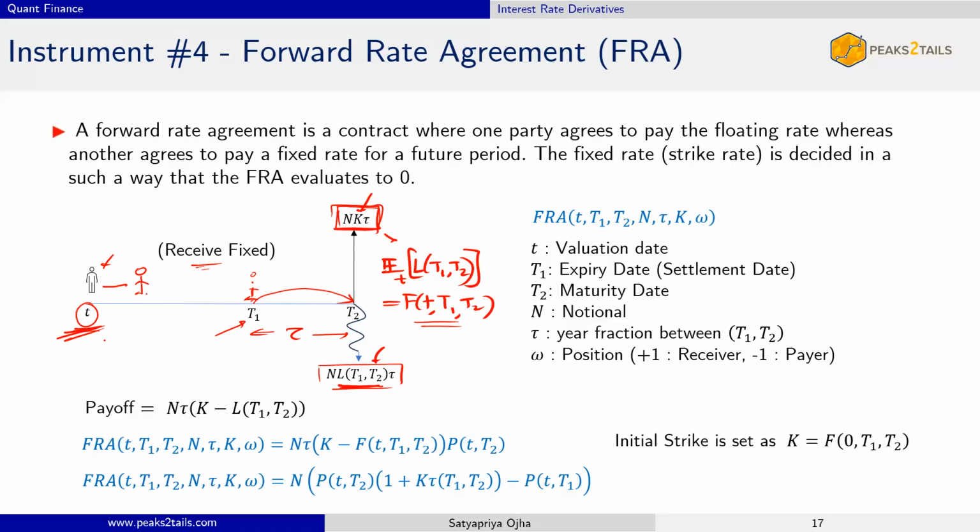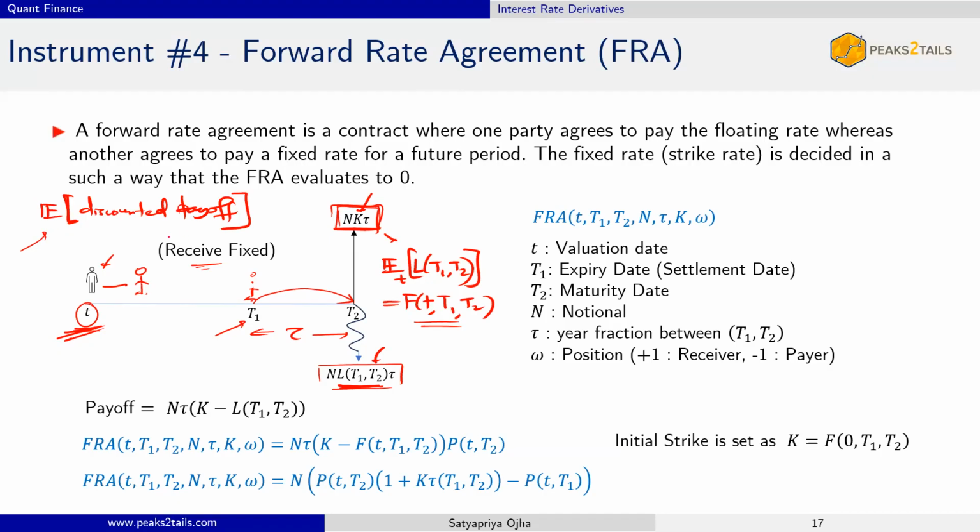Remember the golden formula: the value of any derivative is given by the expected value of discounted payoff. This formula will be important when we deal with options because there we need distributions and expectations and things like that. But this is a golden formula everywhere, all the time. Expected value of discounted payoff.